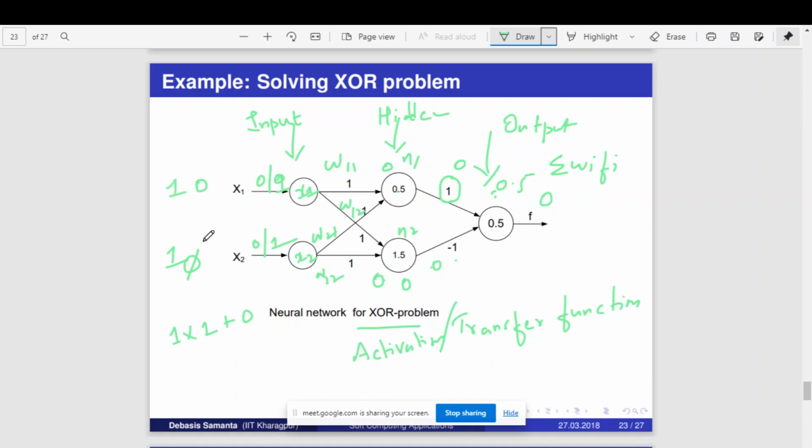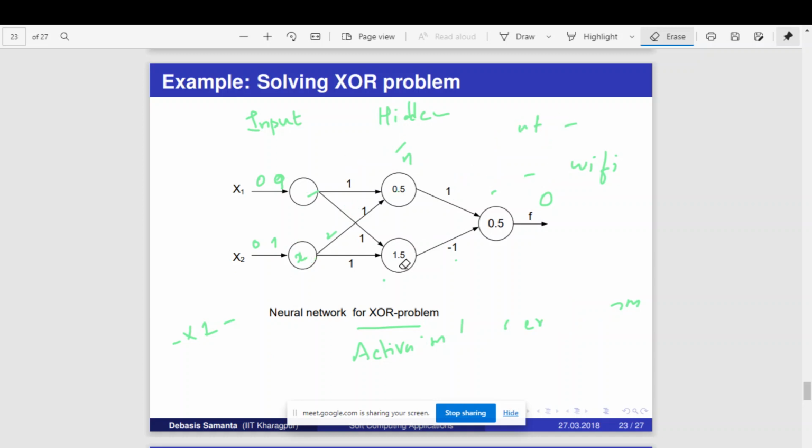Say this is 1 and this is 0. If this is 1 and this is 0, then what will be the case? Here for n1 it will be 1, which is greater than 0.5, so this will be activated.